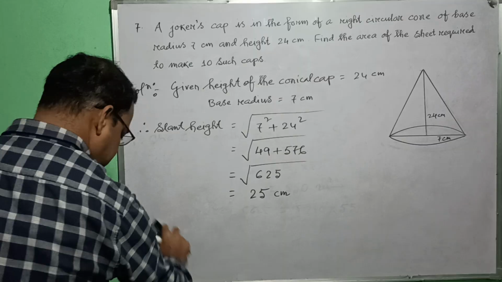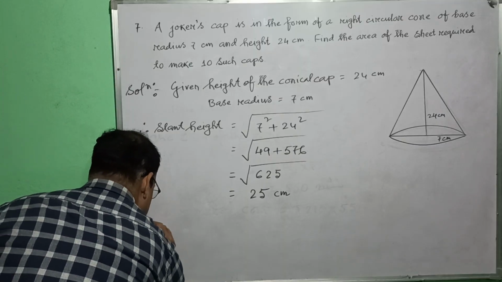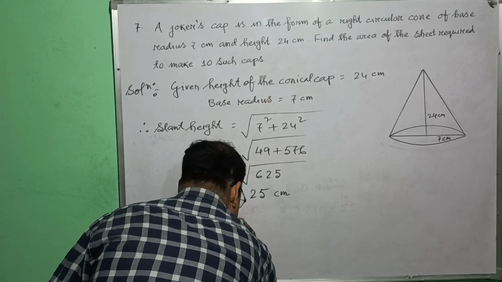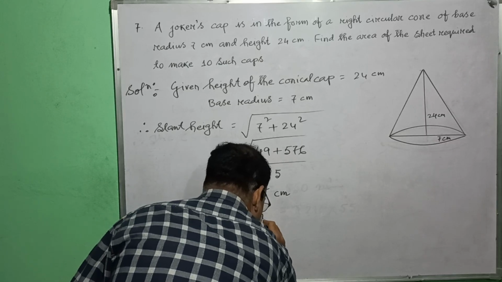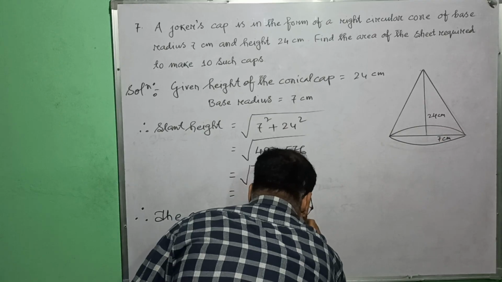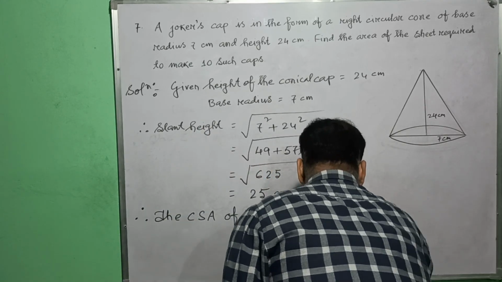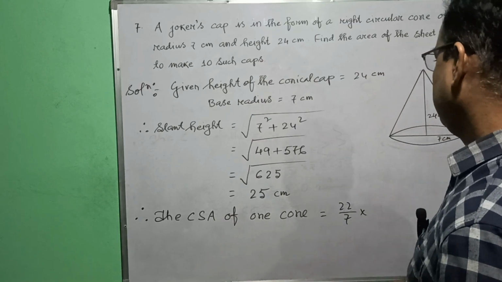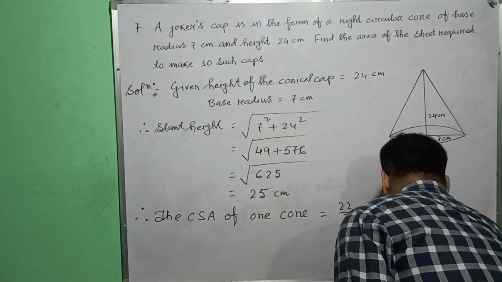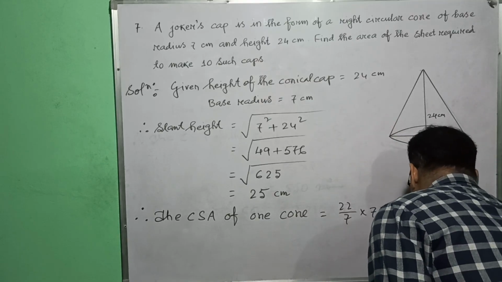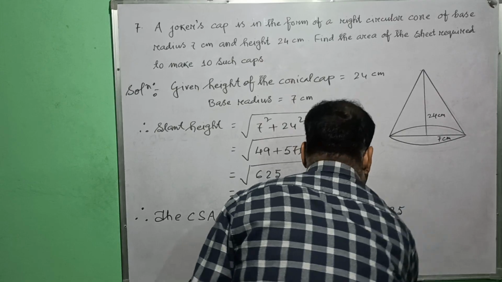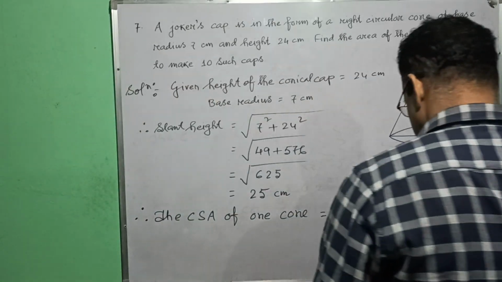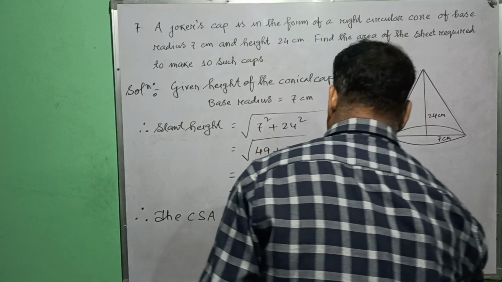So now we'll write, therefore the CSA of one cone equal, it is pi r L, so directly we can put the value pi into r is 7 into L is 25, equal 7 cancel, and 25 into 22, so it is 550. So it is 550.